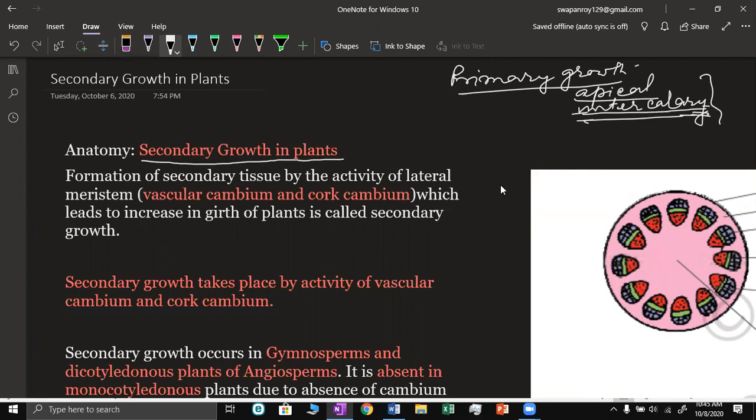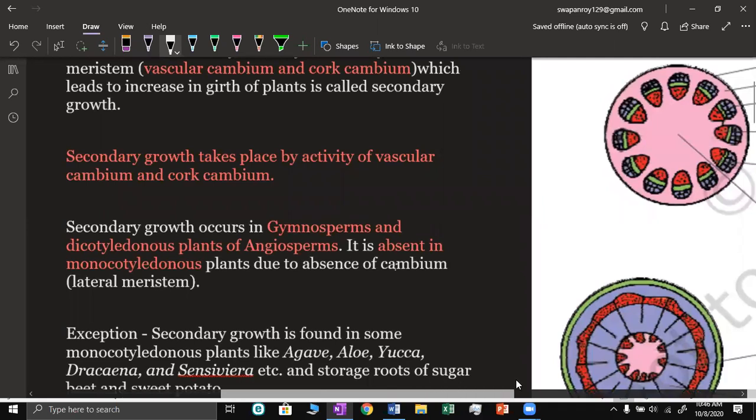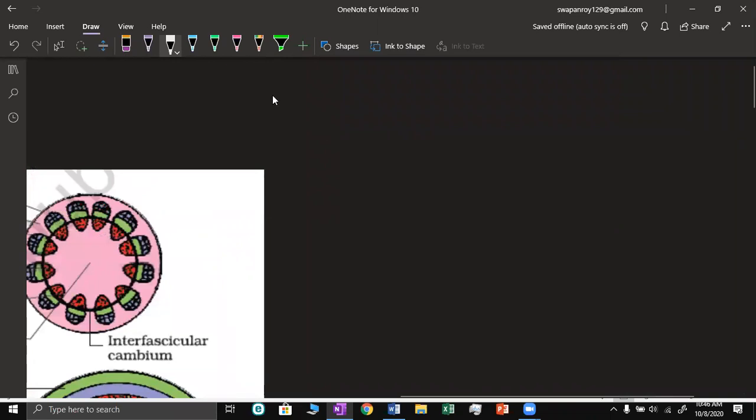In some of the plants, particularly in case of gymnosperm and dicot plants, they have a lateral meristem.